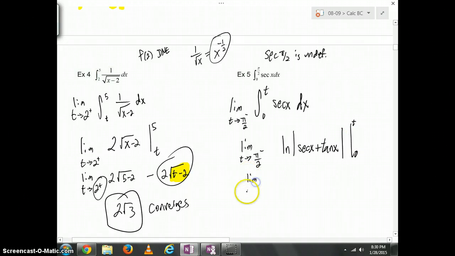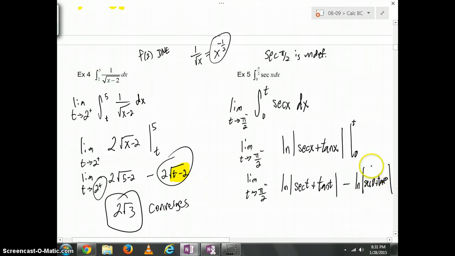Well, if we were to very quickly investigate what's happening, we could say, well, we've got the natural log of the secant of t plus the tangent of t, minus the natural log of the secant of 0 plus the tangent of 0.